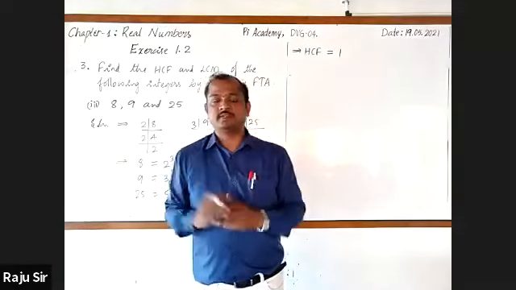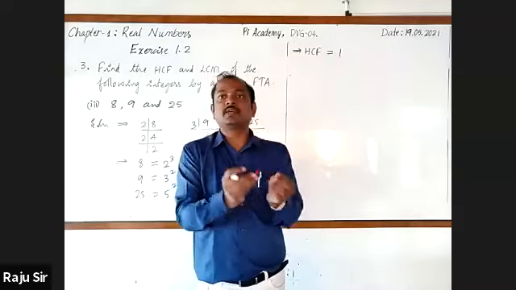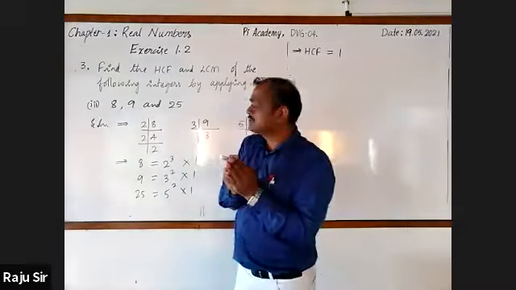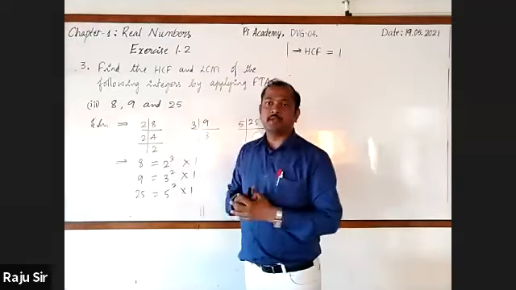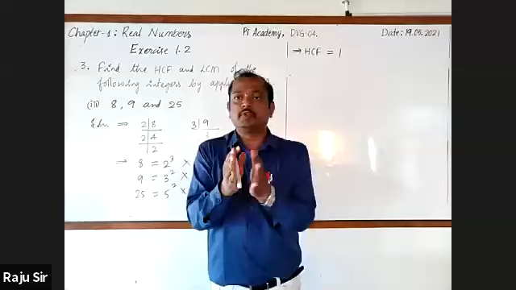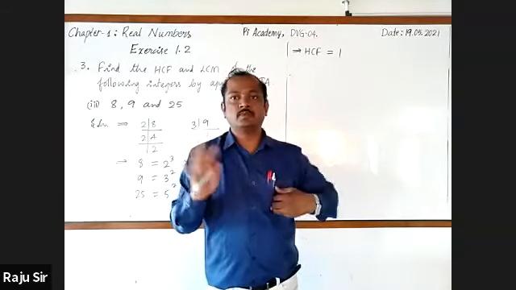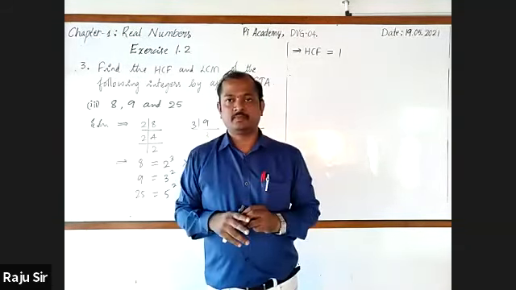It's very clear that if there are no common factors, usually we won't consider 1 while finding the prime factorization. If you get no common factor, it is understood that their HCF is 1, because every number is divisible by 1.